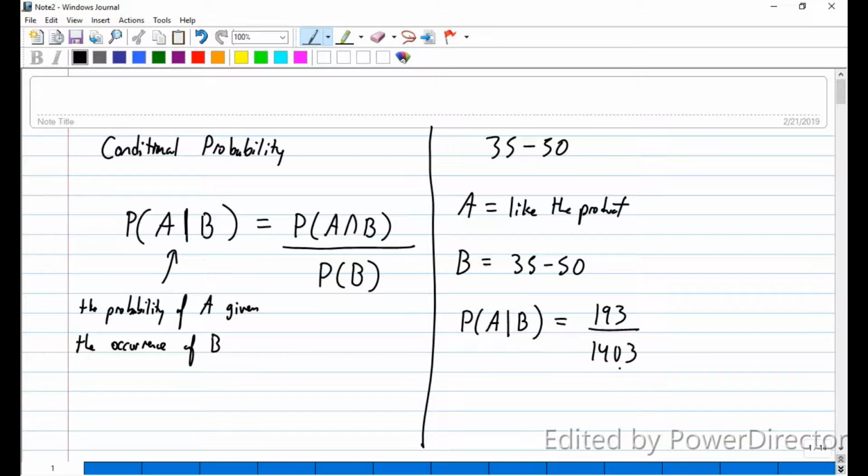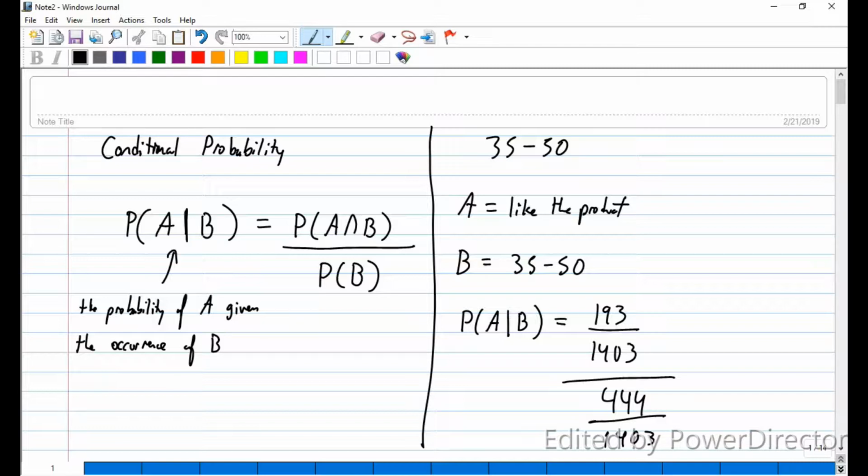Not just the total of 35 to 50, but the entire total of people that were surveyed. All right, now let's figure out the probability of being someone between 35 and 50. Well, there are how many total in that entire row? 444 out of 1403.